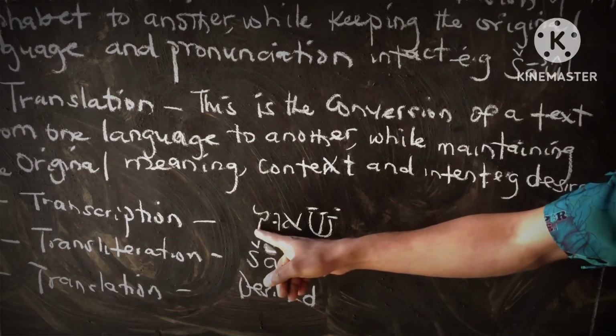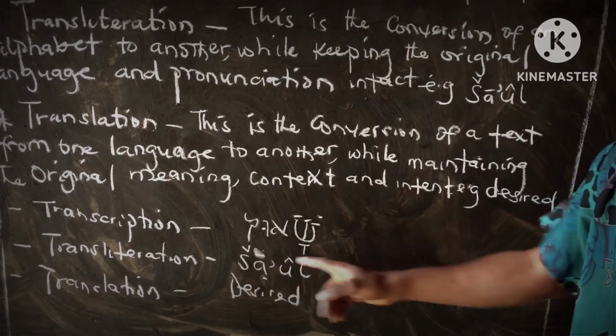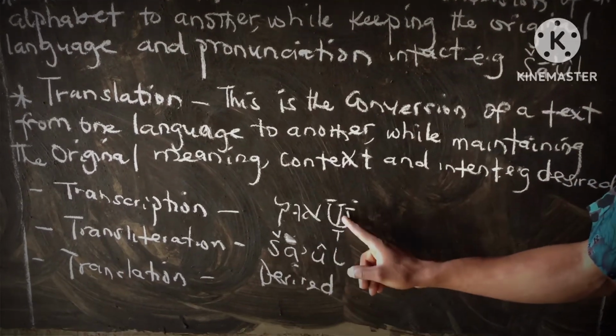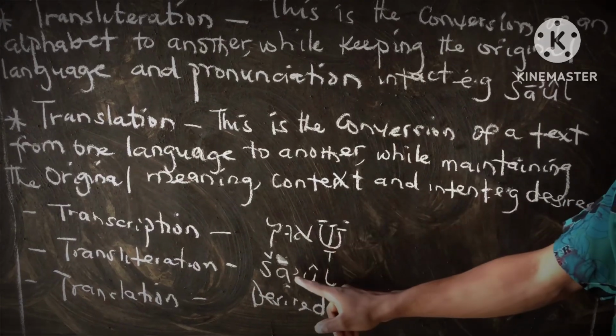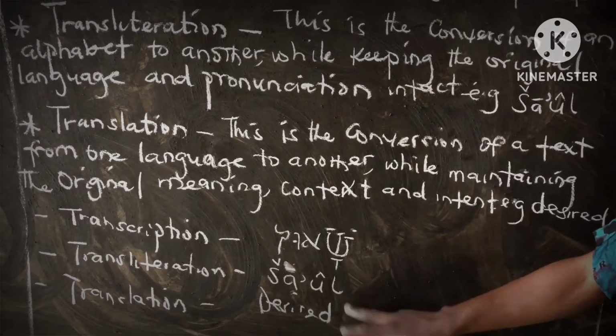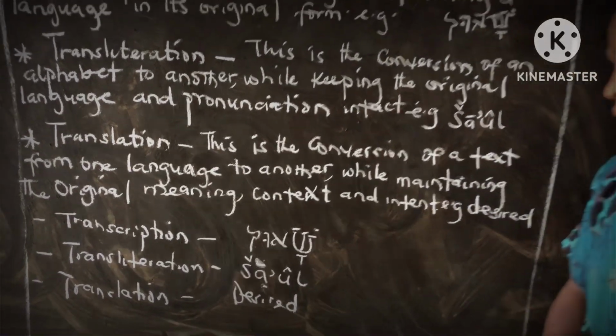Then we have Lamed, making it Shahul. Then we transliterate it as we have it. The transliteration is this one represents this, and lastly this represents this. So when we translate it, we now have it as desire.